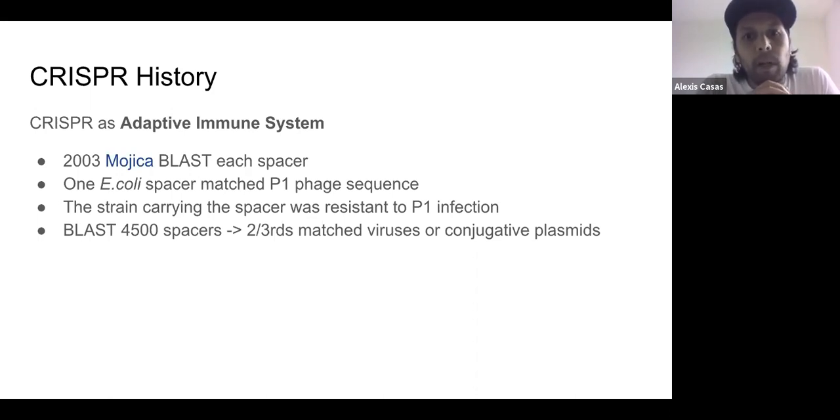And what he figured out is that that strain that was carrying that spacer was also resistant to the P1 phage infection. So he sort of established a relationship between those CRISPR spacers and the immunity system of the bacteria regarding the phage attack. And so figuring that out, he blasted about 4,500 spacers, and it turned out that 2/3 of these spacers matched known viruses or conjugative plasmids.